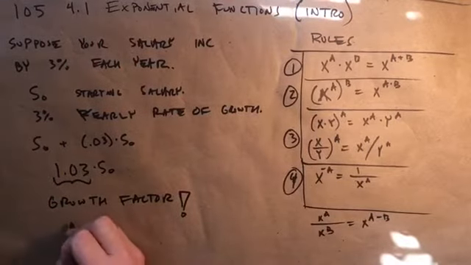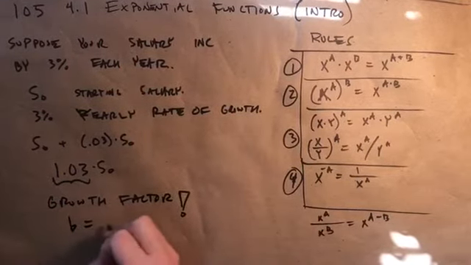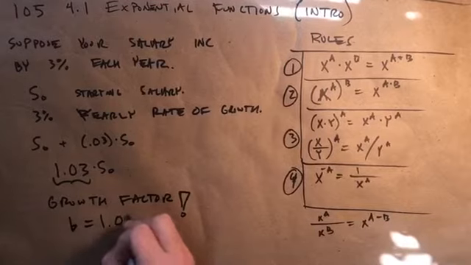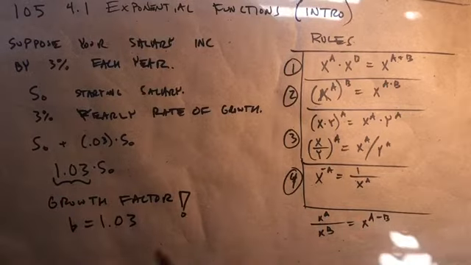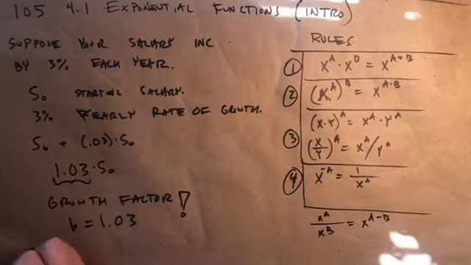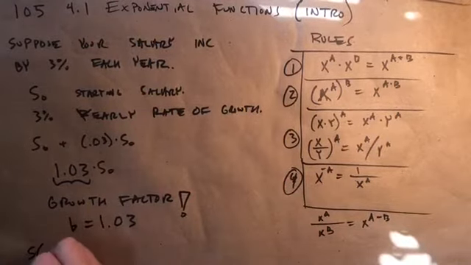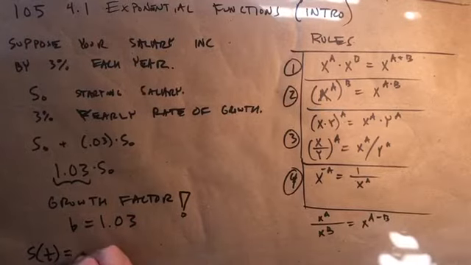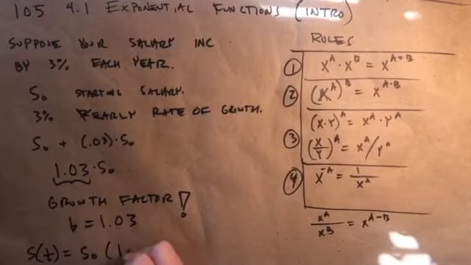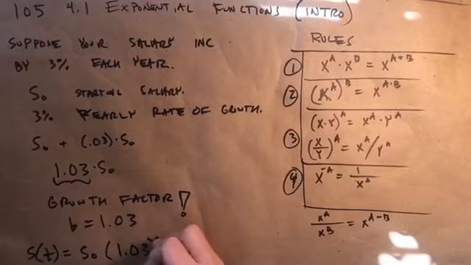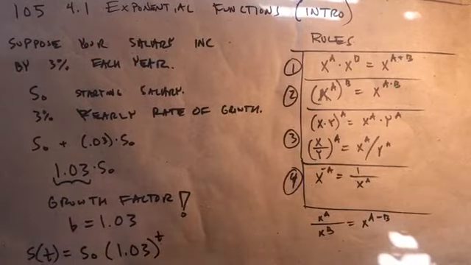Usually we're going to use the letter B to describe our growth factor, which is 1.03. And so if I did this for, this is just 1 year, if I did this for the next year or the next year, I can say that my salary as a function of t years is going to be equal to S naught times 1.03 raised to the t.